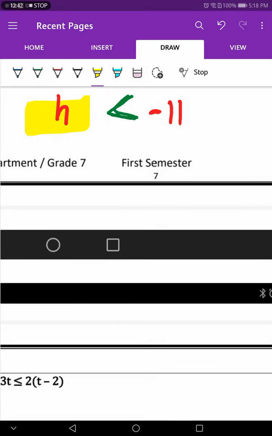Now can anyone read it? Can you read it, please, for me? Try. Yes, h is less than negative 11. So this is the negative 11. I circle it, and less means to the left.